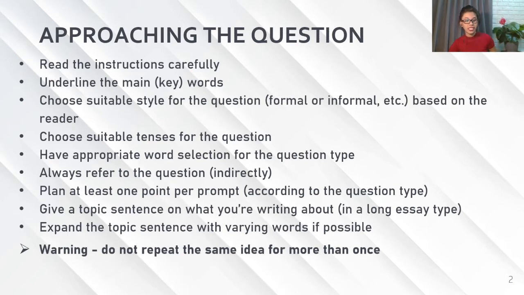And then another thing is to expand the topic sentence with varying words if possible. This is what we've been talking about in the previous facts: give a topic sentence on what you're writing about in a long essay type. You definitely have to explain what your topic sentence means, because if you just leave it, the examiners or readers, new people who have never seen your writing before, will read your essay and be like, what does this mean?